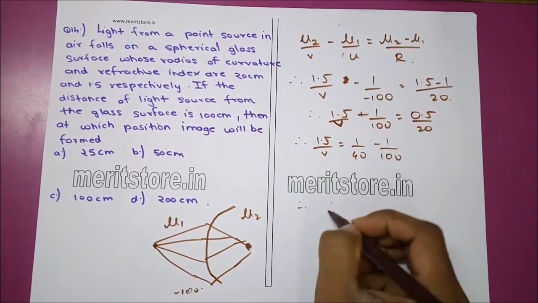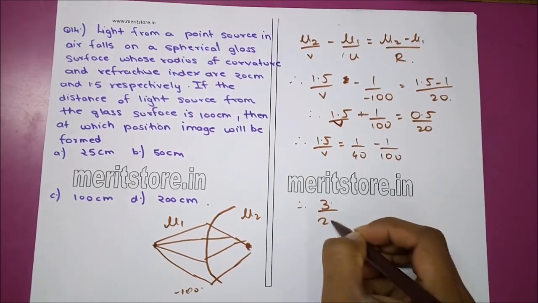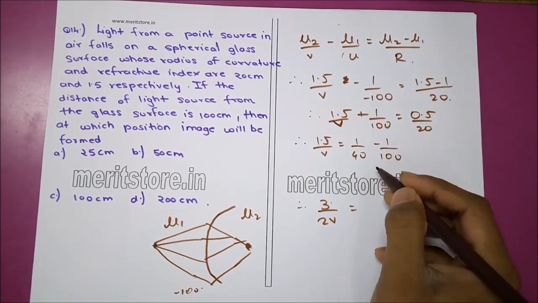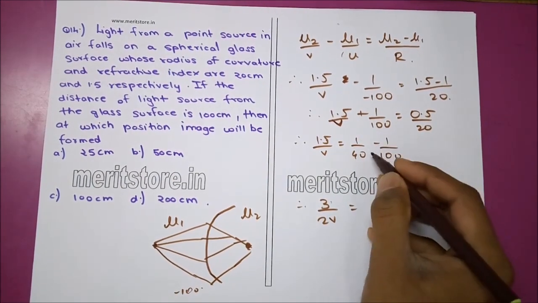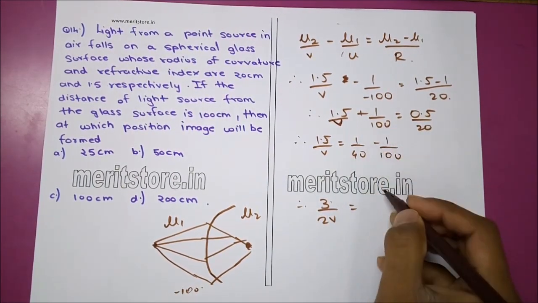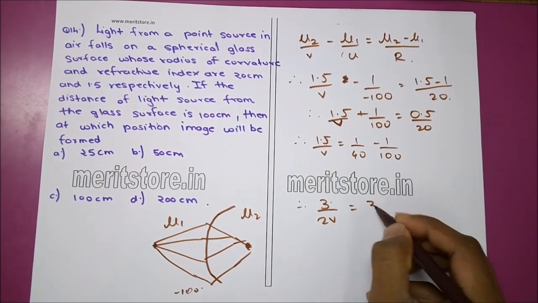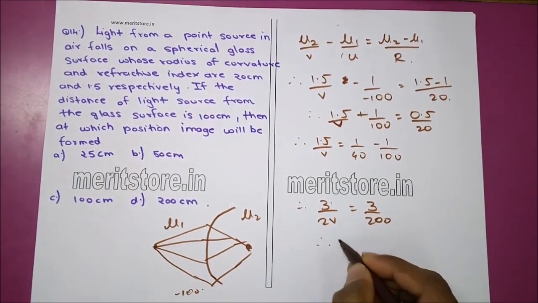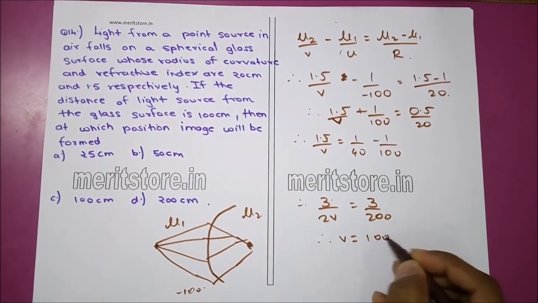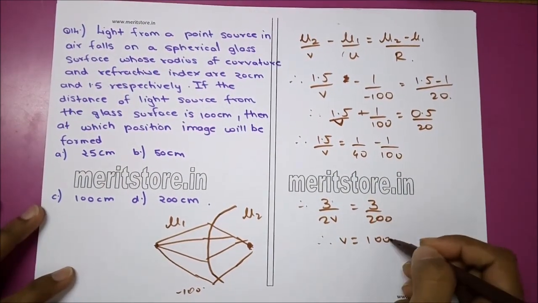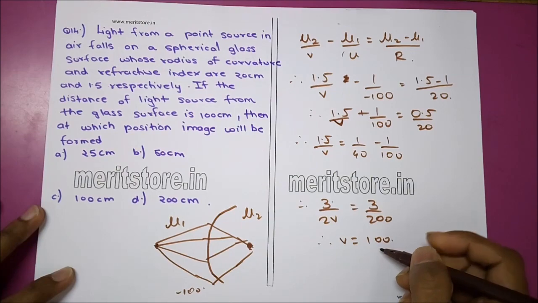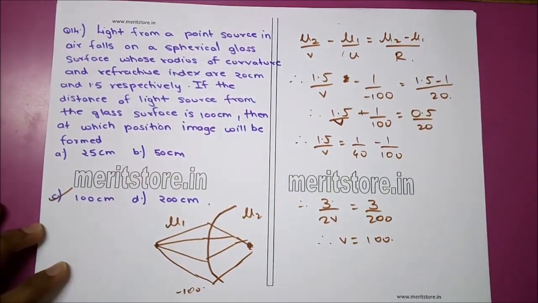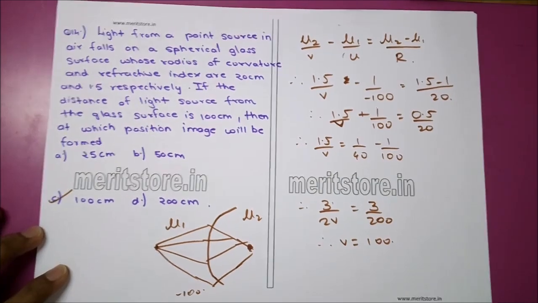So let's write this as 3 upon 2v, multiplying and dividing by 2, is equal to, the RHS can be written as 3 upon 200. Therefore the value of v comes out as 100. Hence the image is formed at a distance of 100 centimeters. Hence option C is the correct answer.